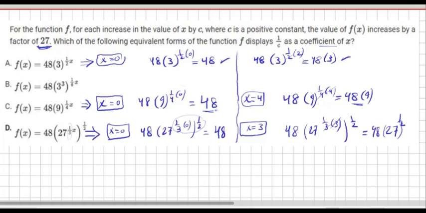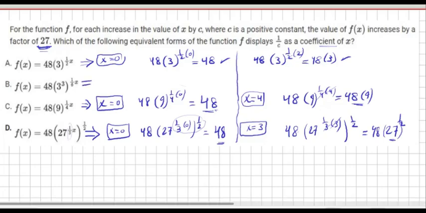Look at this. When you replace x with 0, we have 48. Replacing x with the coefficient c, which is 3, we get 48 times 27 to the power of half. It means the square root of 27, which is not the same as what we are looking for in the question.